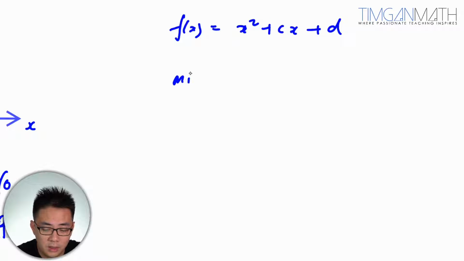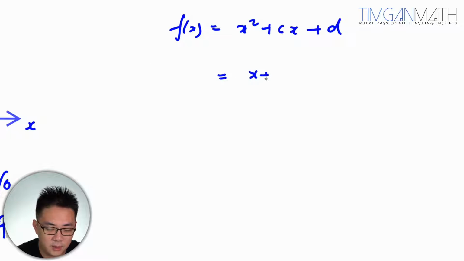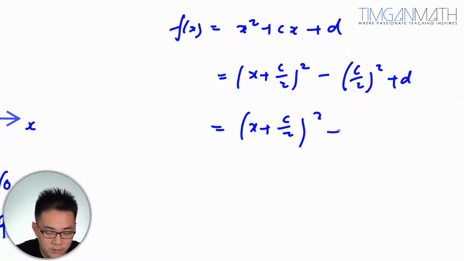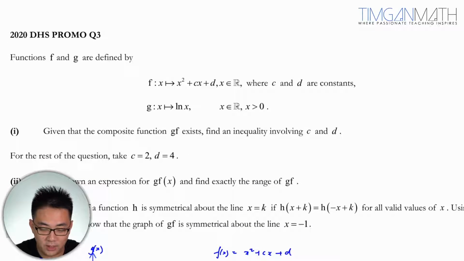You can complete the square: (x plus c over 2) squared minus (c over 2) squared plus d, which is (x plus c over 2) squared plus d minus c squared over 4. Hence the minimum point is when x equals minus c over 2, and y equals d minus c squared over 4.